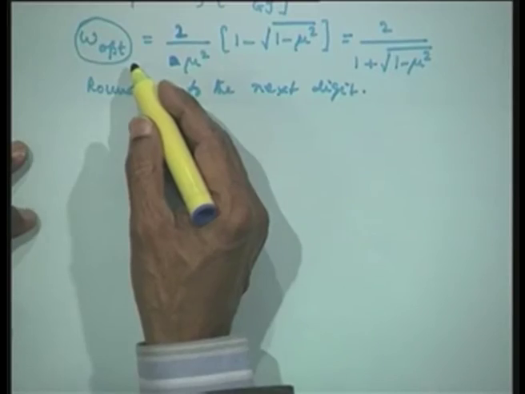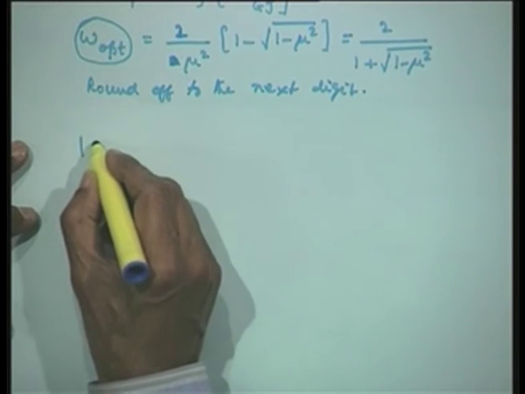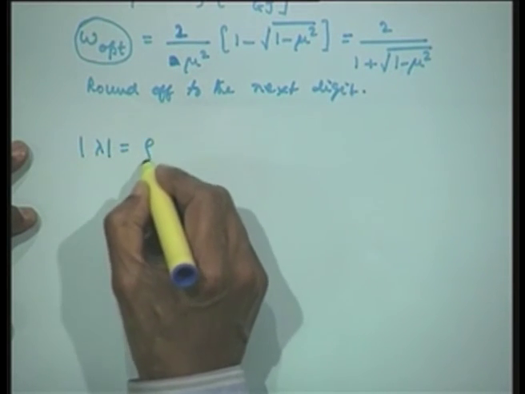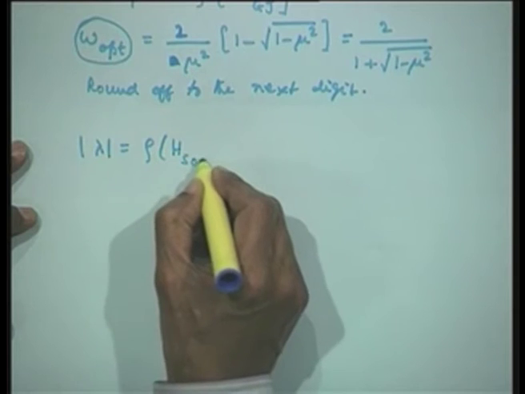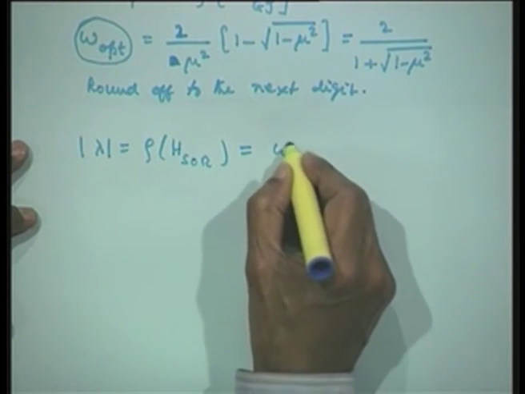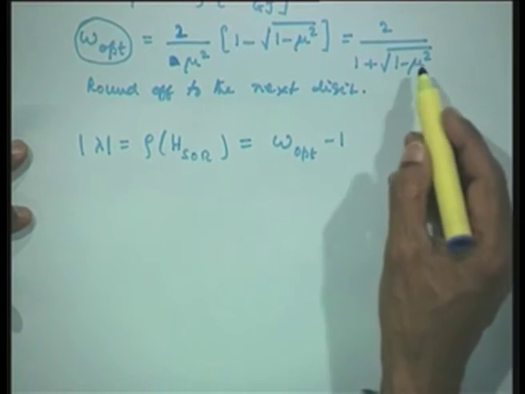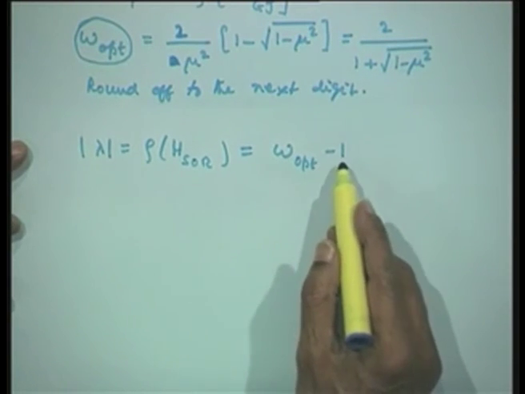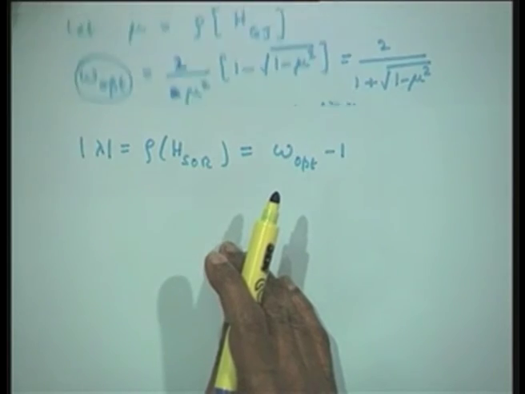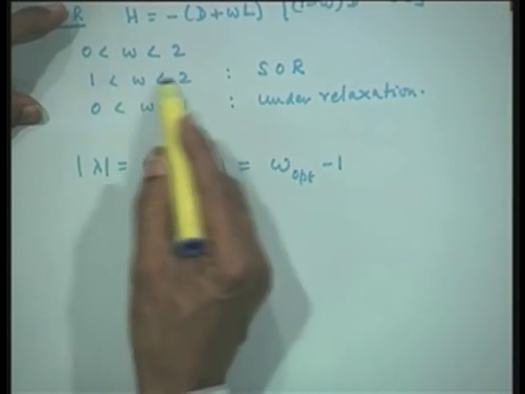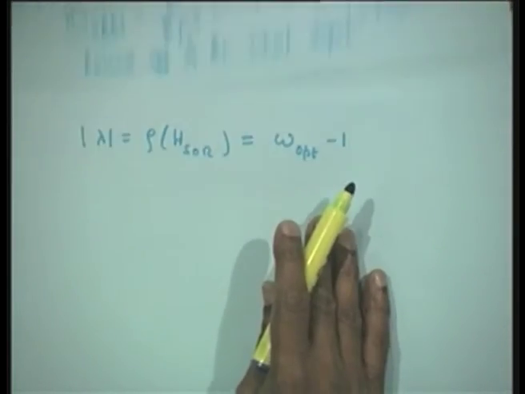Now, once this value is found, then the magnitude of lambda, that is equal to the spectral radius of H SOR, is given by omega optimum minus 1. So, I find the omega optimum and then subtract 1. We earlier said that omega lies between 1 and 2 for the SOR method.